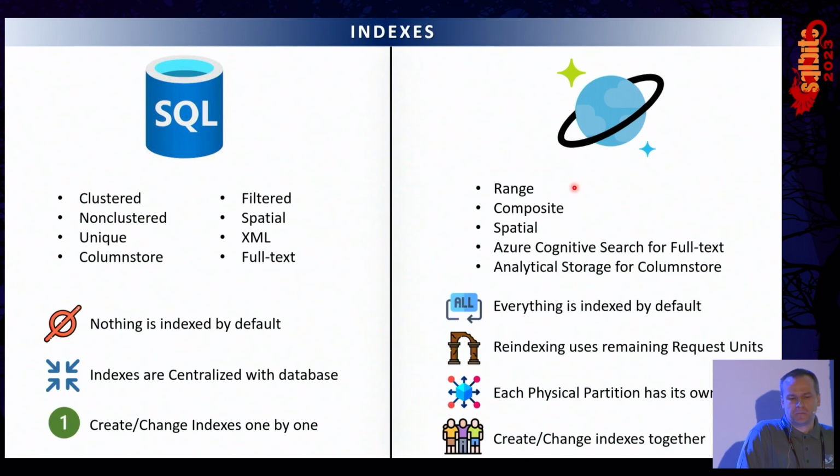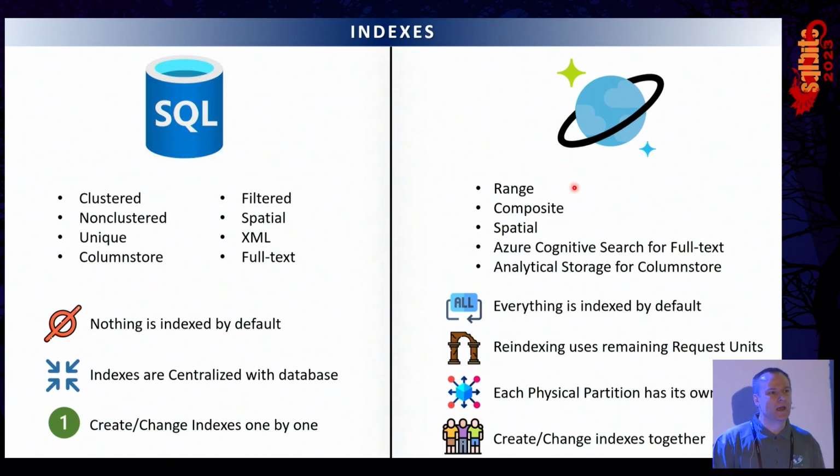So, next topic is indexes. There are all kinds of indexes in SQL Server, and they're very useful for many situations. When you create a SQL table, SQL Server creates that table for you, and usually there's no index on it.